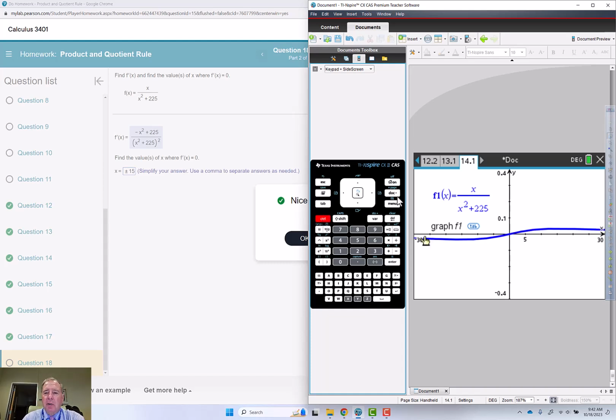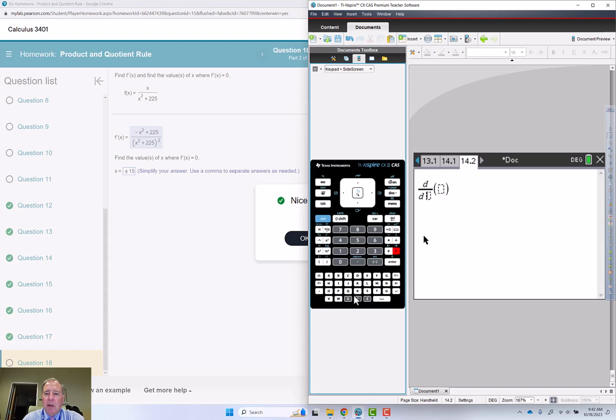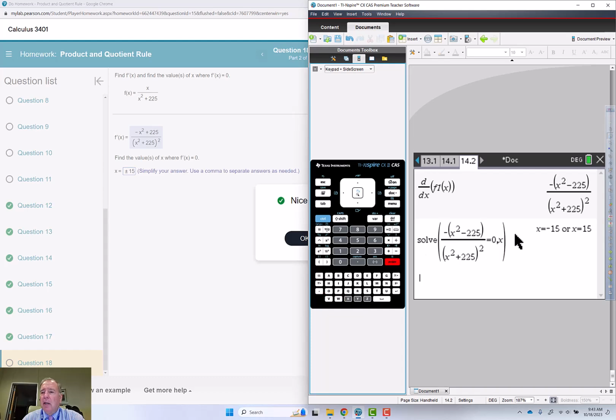We're now going to go to a calculator page, take the derivative, x is our function, f1 of x is our expression, so they factored out a negative, so we can actually go menu 3, 1, take the whole thing, set it equal to 0, comma, solve for x, not y, negative 15 or 15.